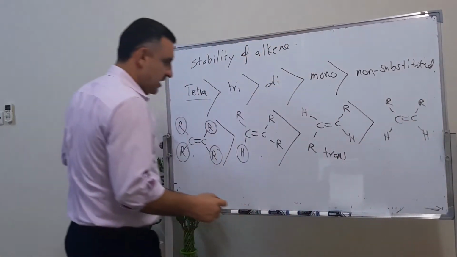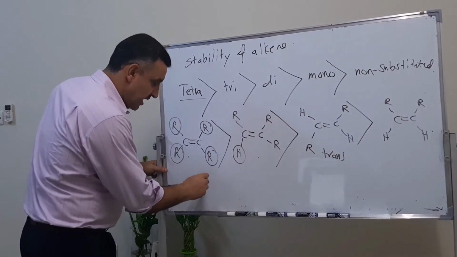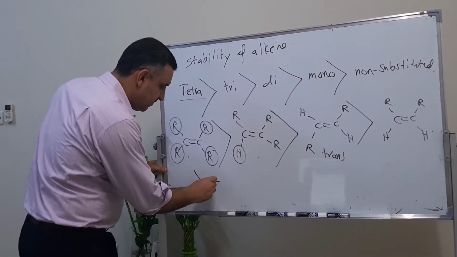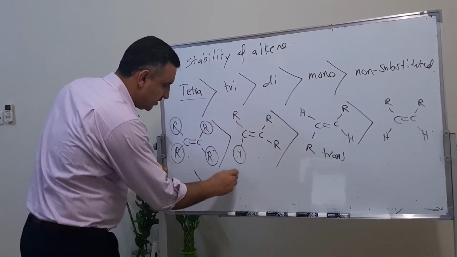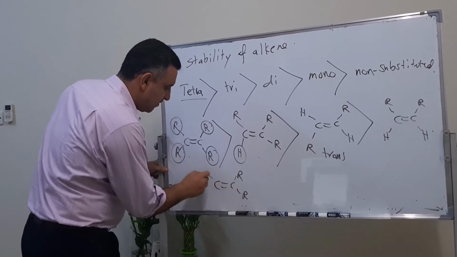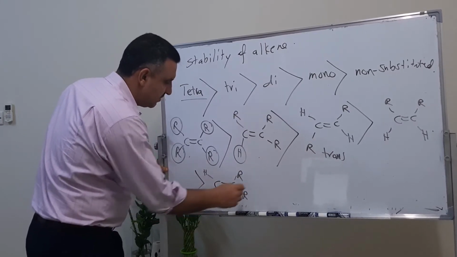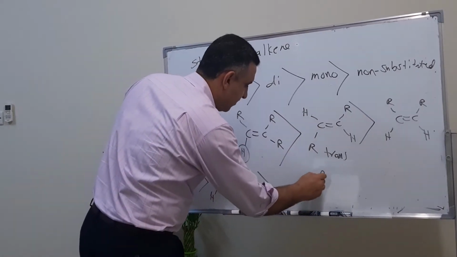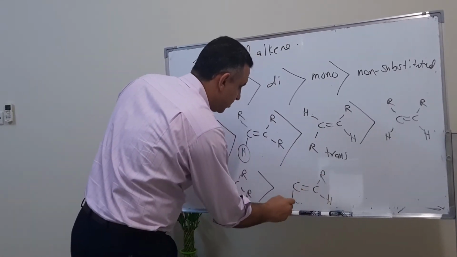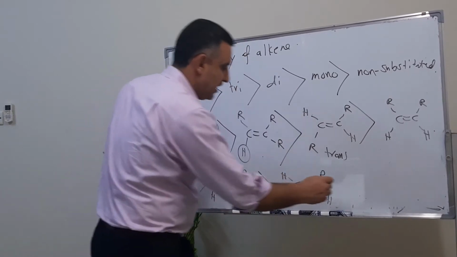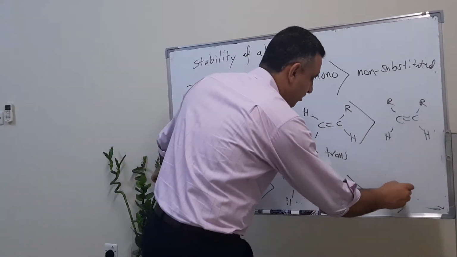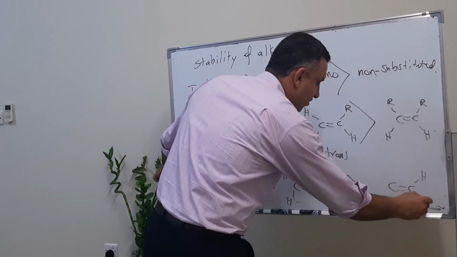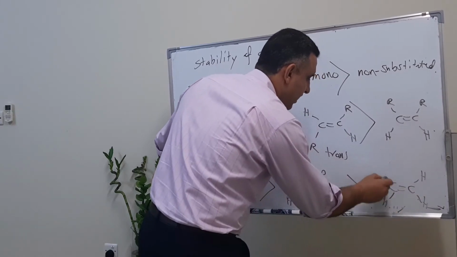And then we have the disubstituted, and the cis will be more stable than the carbon double bond carbon with R, R, hydrogen, approximately the same stability, and this will be more stable than if we have only one alkyl group attached to the system, and that will be more stable than if all atoms are hydrogens.